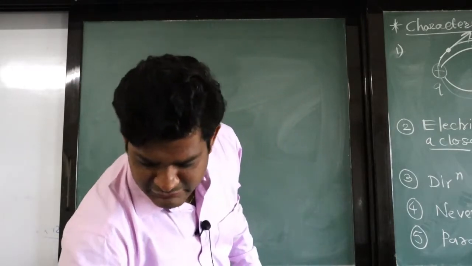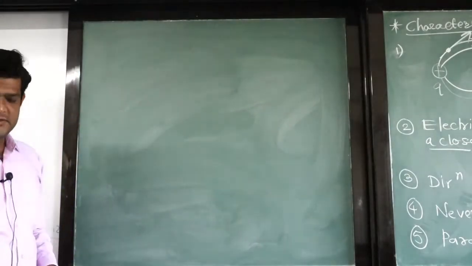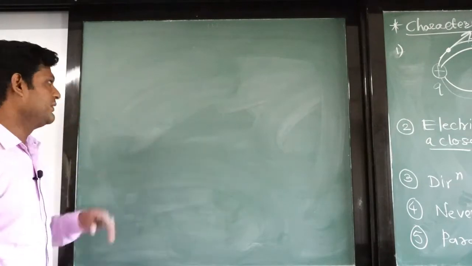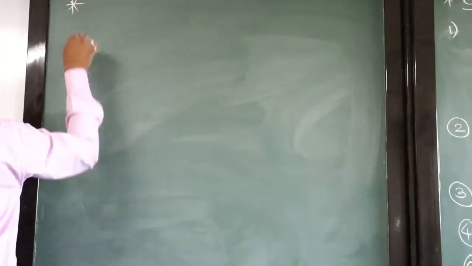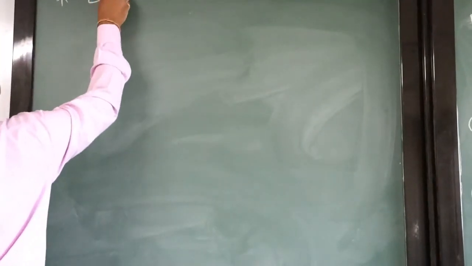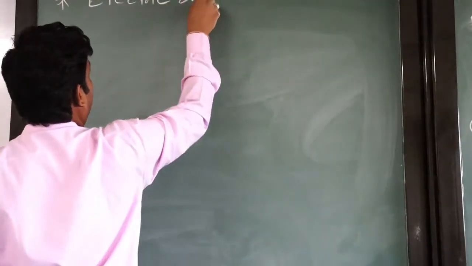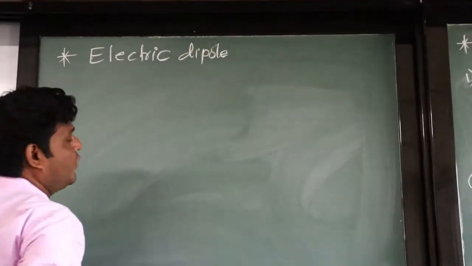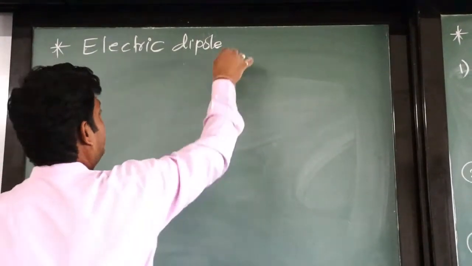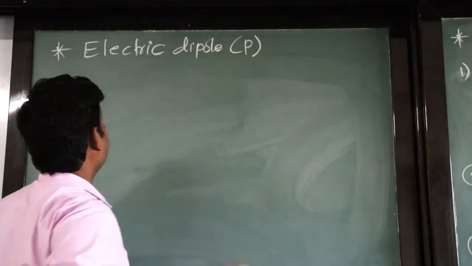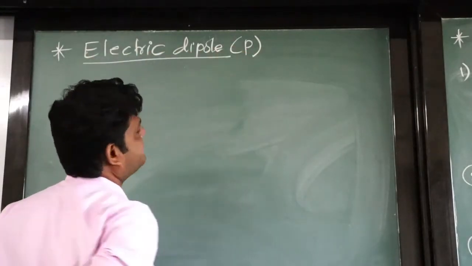The next concept that we are going to study is the electric dipole, also known as the dipole moment, denoted by the letter P. It is a vector quantity.